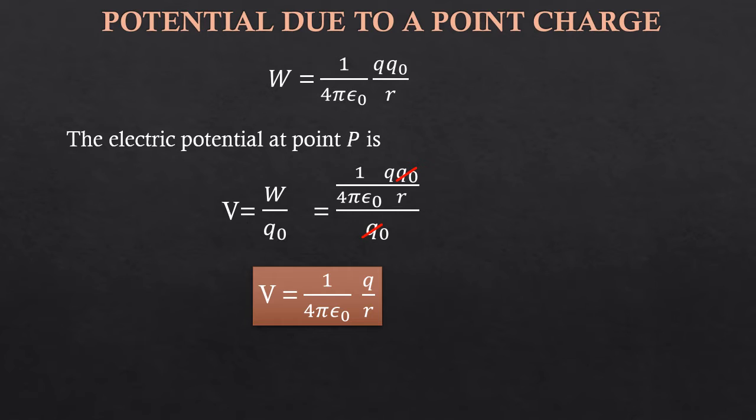We already know the electric field value at a point R from the charge Q, that is 1 by 4 pi epsilon naught Q divided by R square.